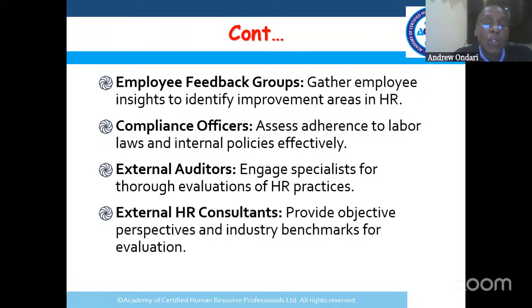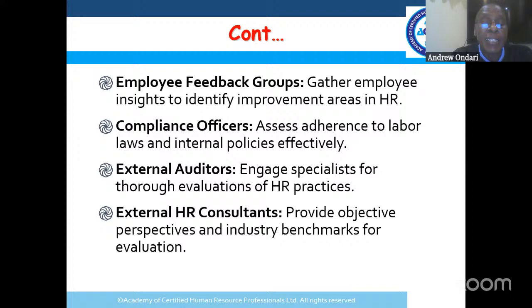So the OAG can help us to audit our systems and identify gaps in HR practices that can be improved. Another external option is HR consultants, whom we can use to provide us with independent insights and observations of what we are doing.